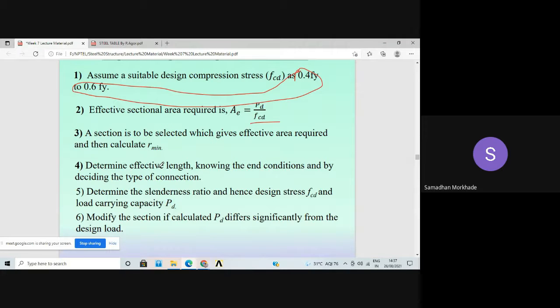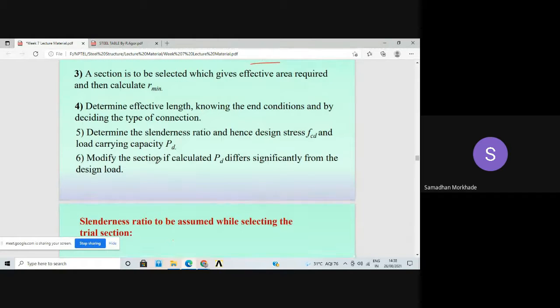If it is a double angle section, like double angles placed on opposite sides, on the same side, in a star pattern, or any other geometry, then we have to calculate Ixx of the built up section and Iyy of the built up section, pick the minimum moment of inertia, and calculate R minimum. That part is very important. Moment of inertia concepts and the parallel axis theorem are used to calculate the moment of inertia for the built up sections.